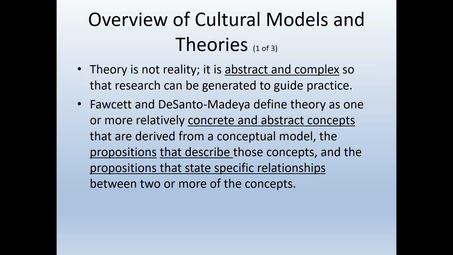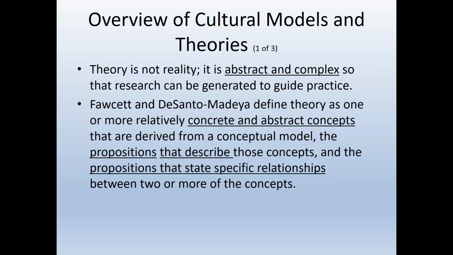Remember, these are all theories. They're not reality. They're abstract, they're complex, and they are used to generate research that can guide nursing practice. Now, theory is, remember, concrete or abstract concepts. Often, these are the empirical indicators that are derived from a conceptual model.